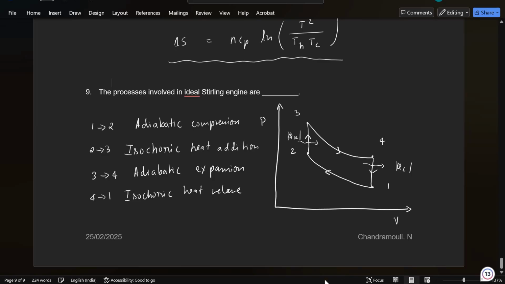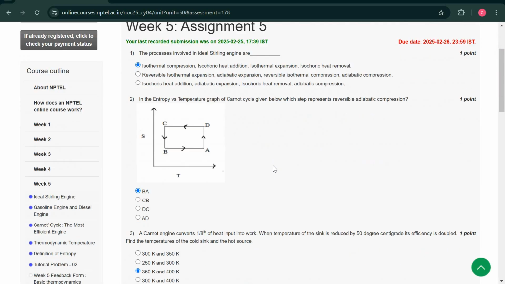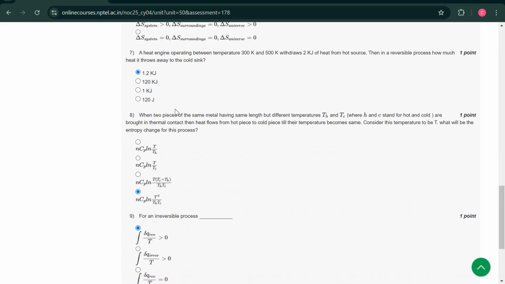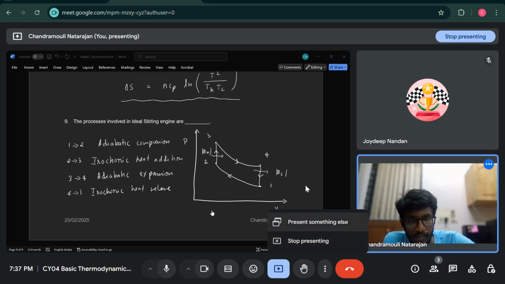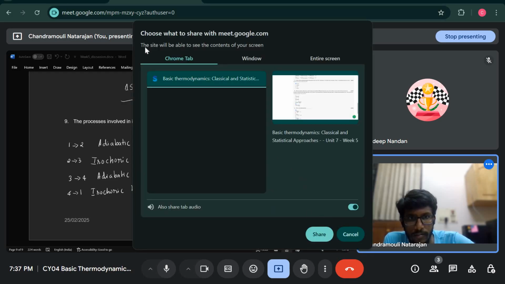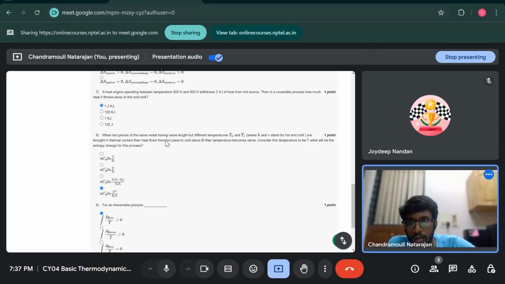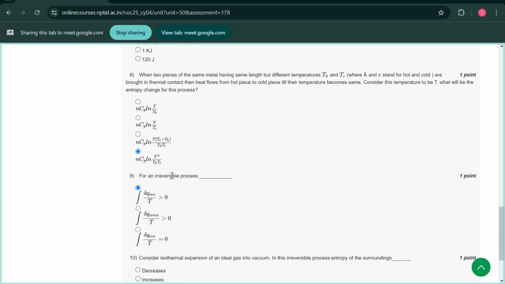Fine. So now, Jaideep, you wanted one more question, I guess. Let me share my screen first. I'll present something. You see the screen, no? Yes, sir. You were asking about the entropy for an irreversible process, correct?